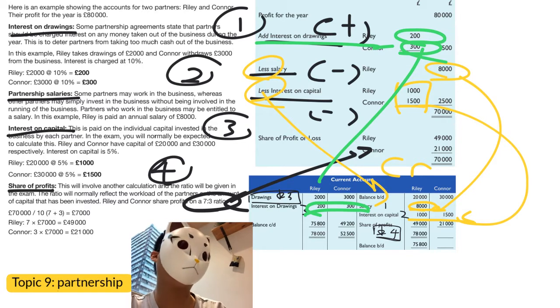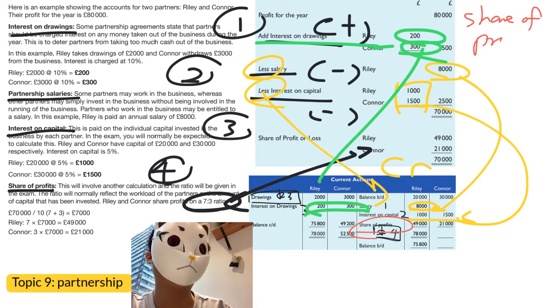Students always make mistakes because they don't understand this double entry. Now the difficult part lies in the share of profit. If it is a share of profit, of course we would do it on the credit side.